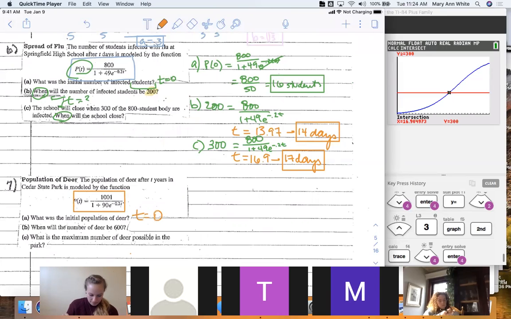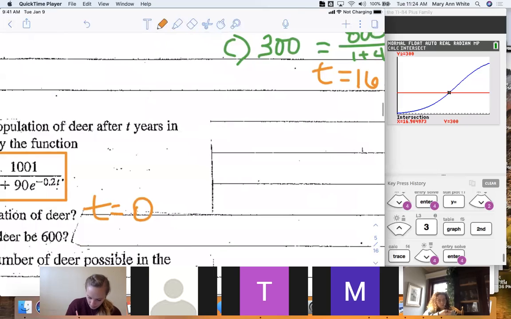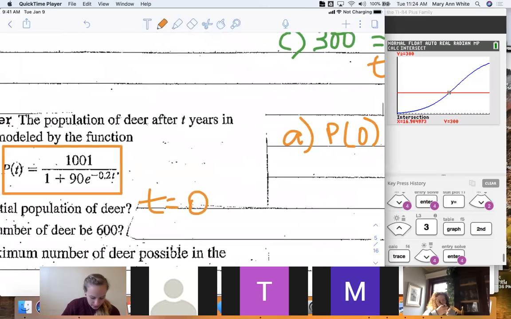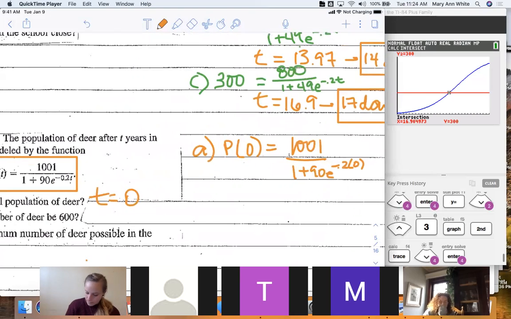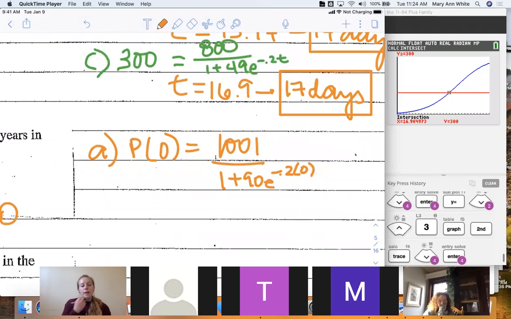Letter A is when t is 0. So it goes 1001 over 1 plus 90 e to the negative 0.2, and instead of t, I get to write 0. 0 is my exponent, which is awesome.